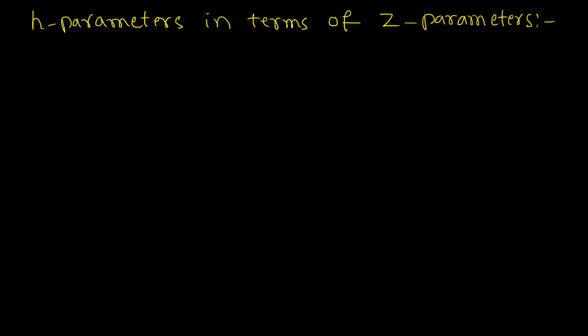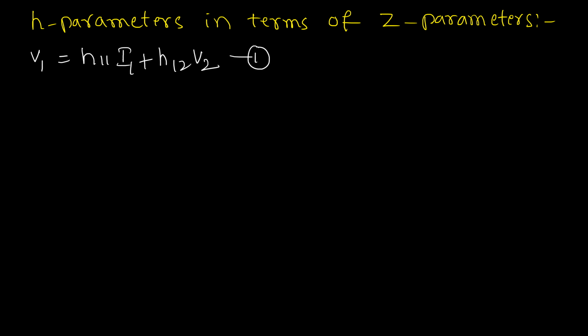Okay, so again you need the standard equations for Z parameters as well as H parameters. Directly we consider. Okay, so let me write the H parameters first. V1 equal to H11 into I1 plus H12 into V2.